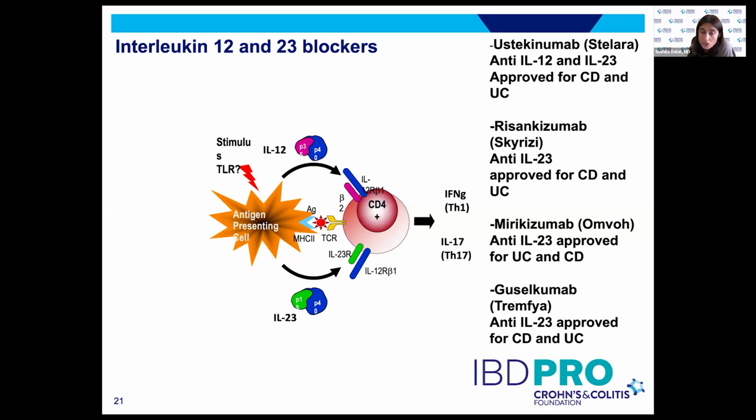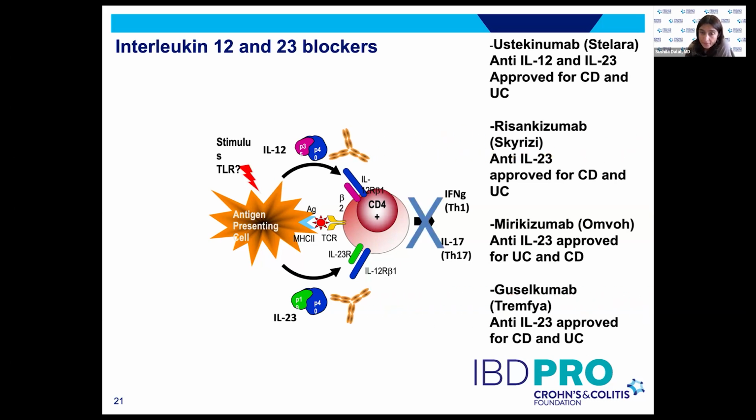So we have 3 anti-IL-23 medications. For the IL-12/23, ustekinumab binds the common subunit that is shared between them, the p40 subunit, and then these IL-23 specific medications bind just the particular part of IL-23. So, these are more targeted therapies.